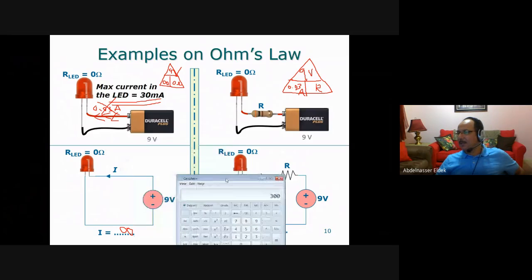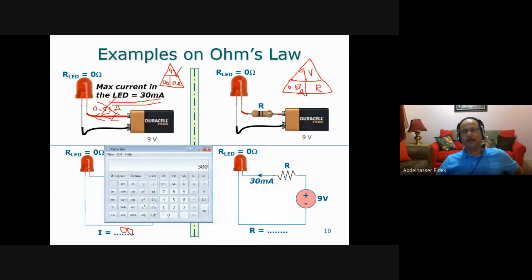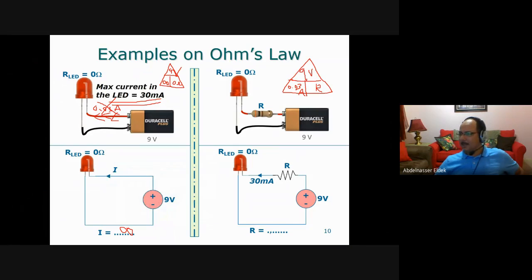So R is supposed to be 300 ohm. So the resistance here is supposed to be 300 ohm. This is the solution of this example.